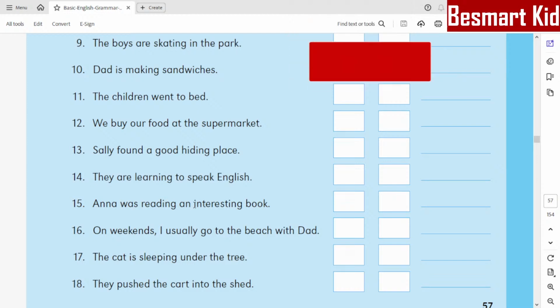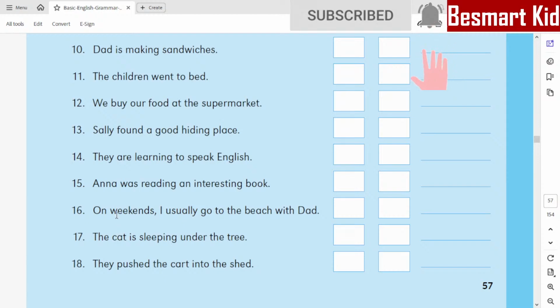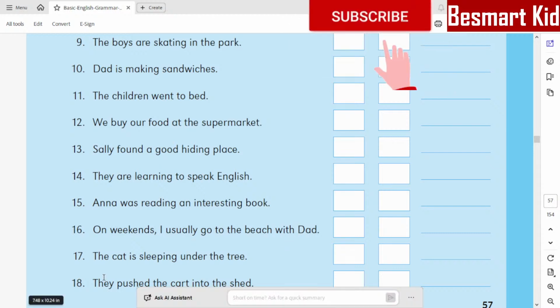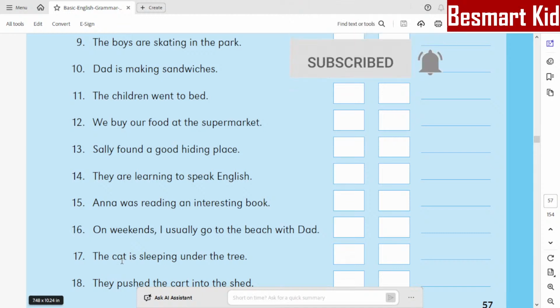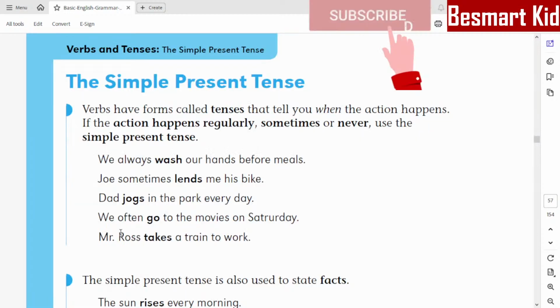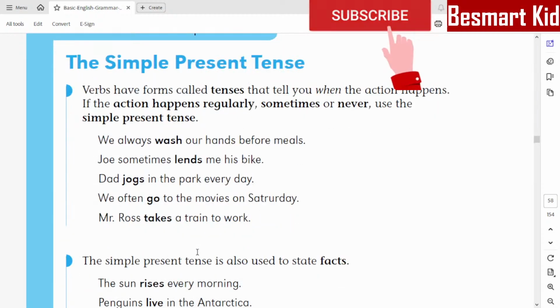Anna was reading an interesting book. On weekends, I usually go to the beach with Dad. Seventeenth, the cat is sleeping under the tree. They pushed the cat into the shed.